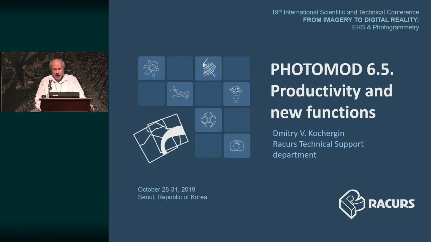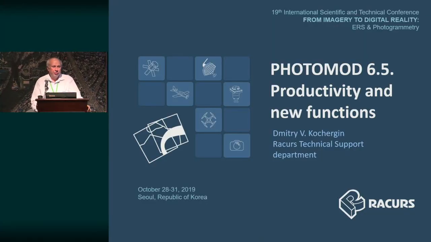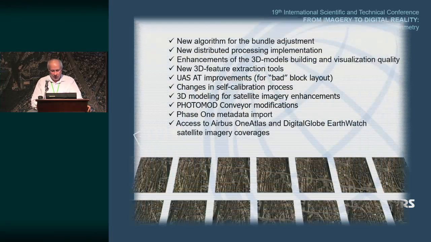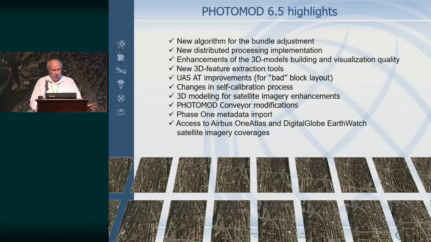In fact, I will split my talk into two parts. First, I will cover new features or functions that appeared in PHOTOMOD 6.5 version, and then I will focus on performance of different processes. So these are the new developments.